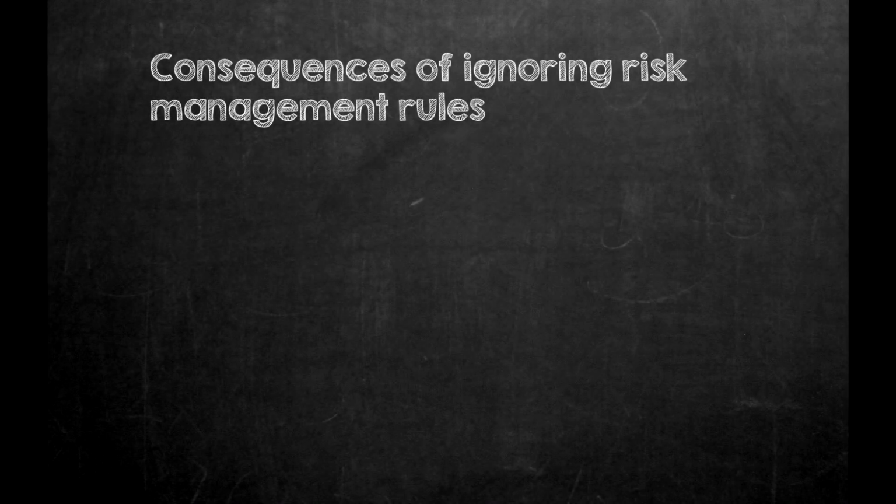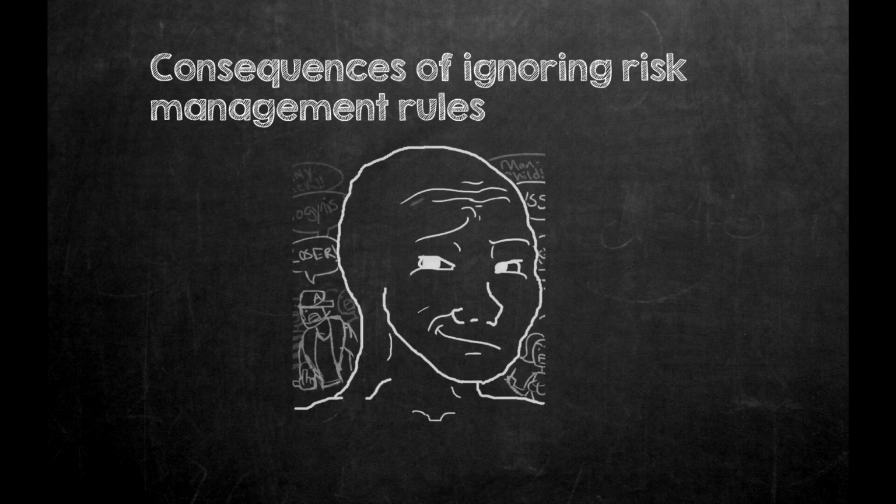And now, I'll tell you what will happen if you ignore the risk management rules. It will probably go like this. You'll open trades of hyped coins near reversal with promises of delivering you the next 10 times. Of course, you'll want to make the maximum profit out of this trade, and you'll go all in, full degen mode.